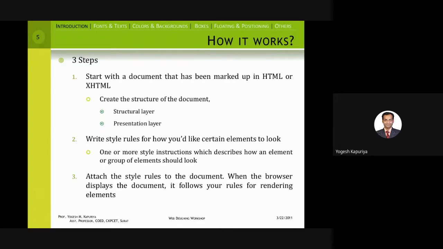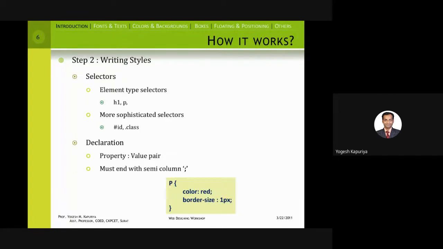Second, you will identify what elements or styles you want to apply, what themes you want to apply over that document. And then you will connect this style with the document. So you require an HTML document, a CSS document, and obviously a connection between HTML and CSS. That is done with the help of various selectors available.